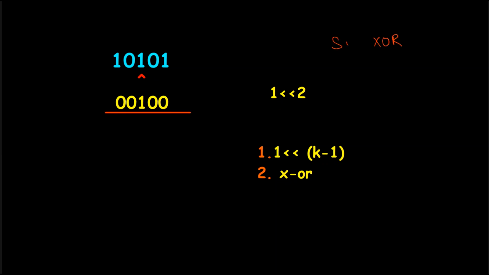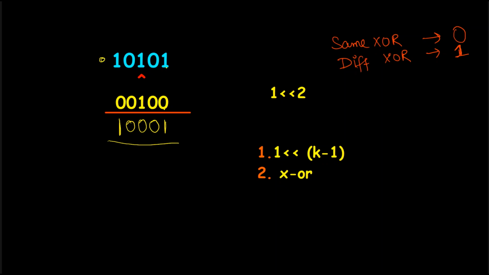If we are doing XOR of the same digits, it will be 0, and the XOR of different bits will be 1. Keeping this in mind, 1 XOR 0 will be 1, 0 XOR 0 is 0, 1 XOR 1 is 0, 0 XOR 0 is 0, and 1 XOR 1 will be 0.